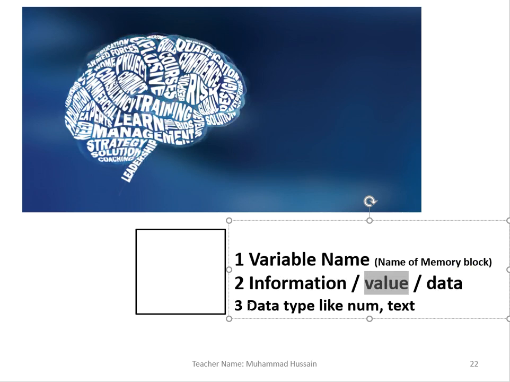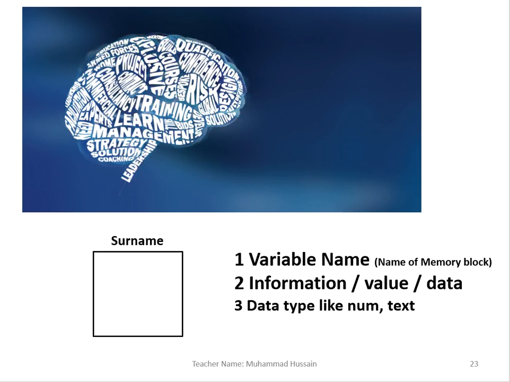And the third thing you have to remember is the data type, meaning number or text, which type of data the block contains. If I ask you what is your name and that block contains 22, it means the information is not correct. What is written here, surname.